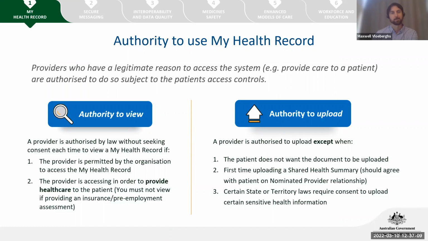The provider is authorized to access it if they're providing healthcare to that patient. They're required to be permitted by their organization to access My Health Record, and it must not be viewed for insurance or employment purposes. My Health Record is used for providing healthcare to the patient.